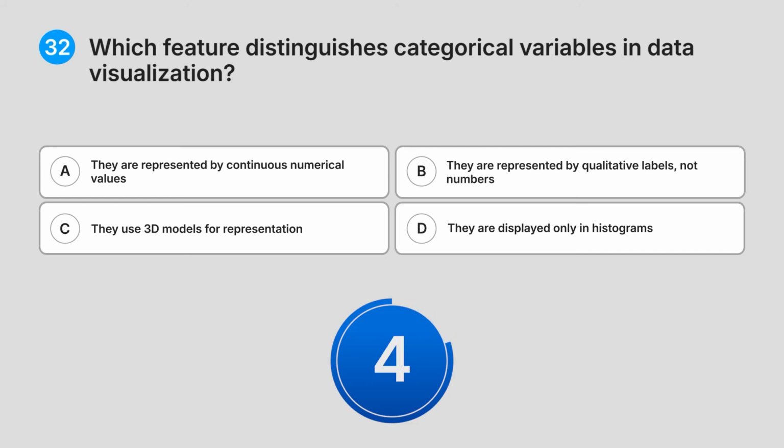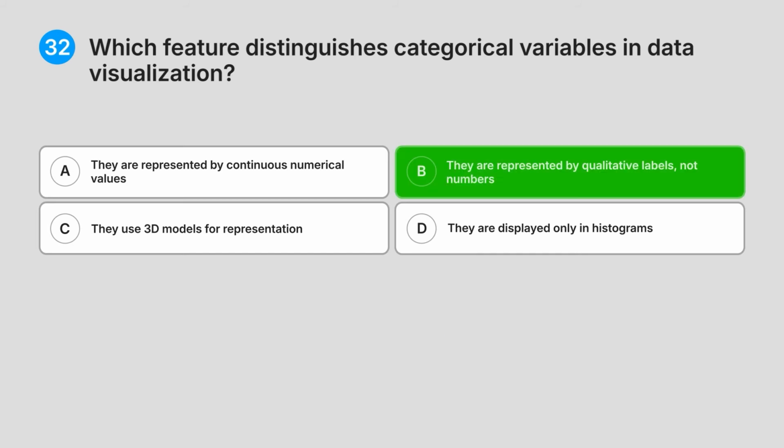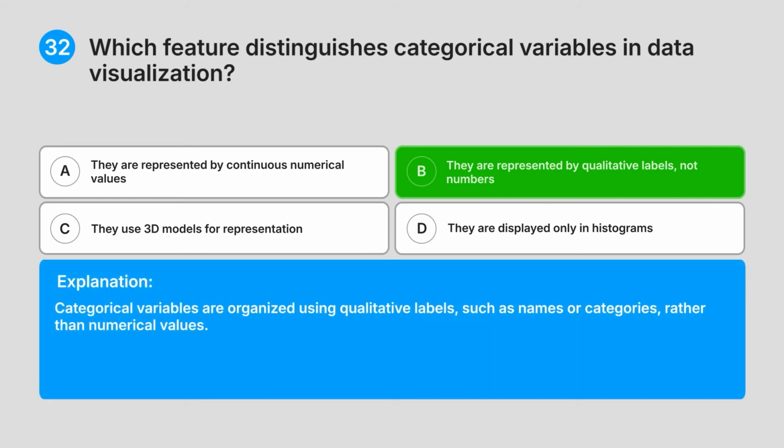Do you know the answer? Correct answer: B. They are represented by qualitative labels, not numbers. Explanation: categorical variables are organized using qualitative labels, such as names or categories, rather than numerical values.